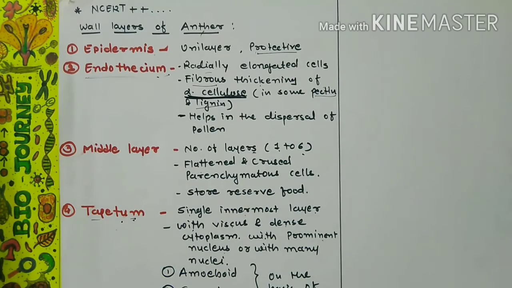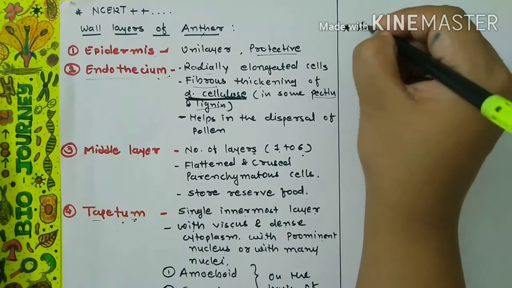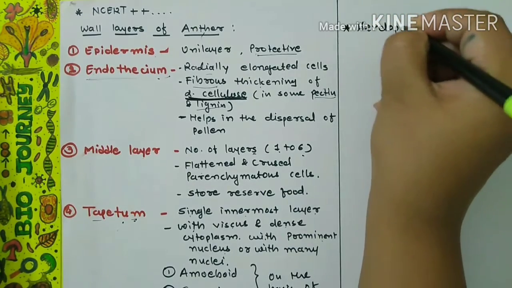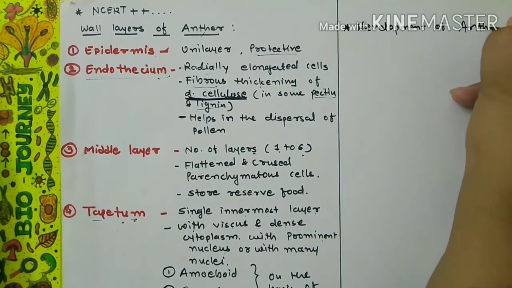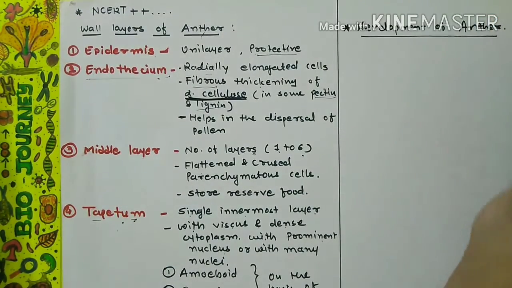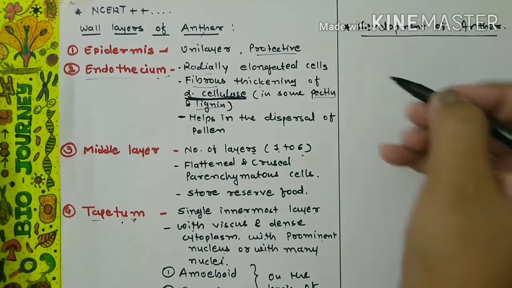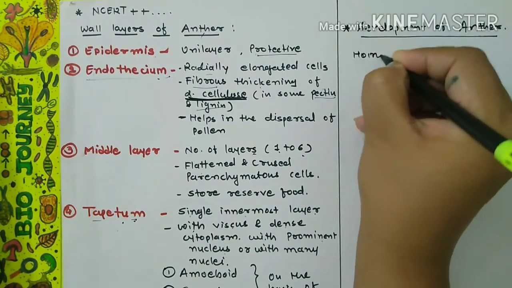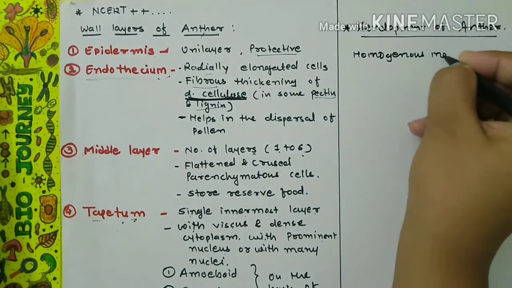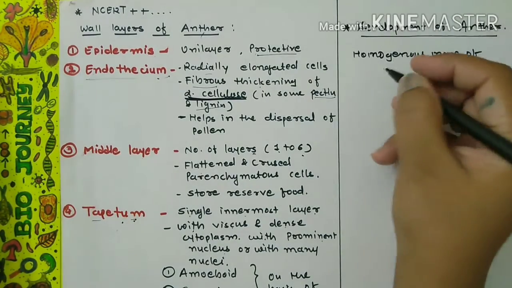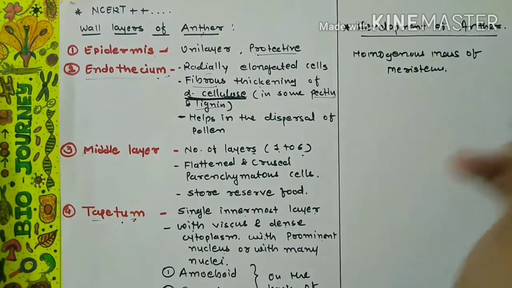Now if we see the development of the anther, we will discuss it a little bit here. Initially the anther is a homogeneous mass of meristematic tissue.